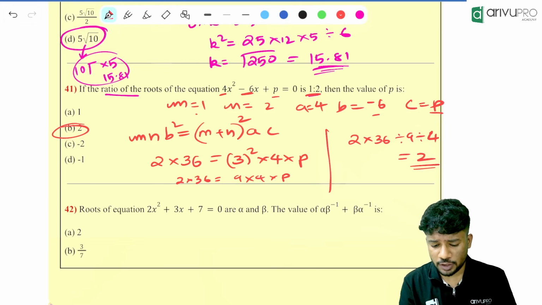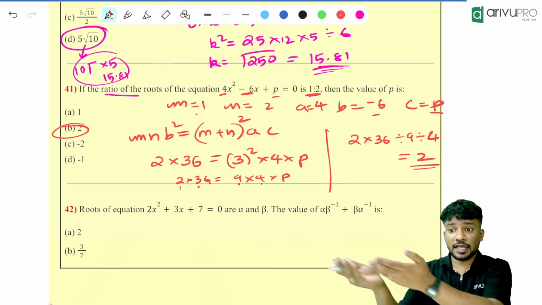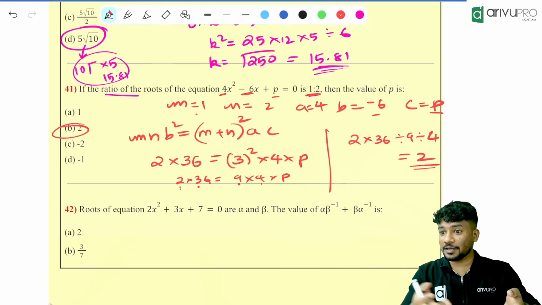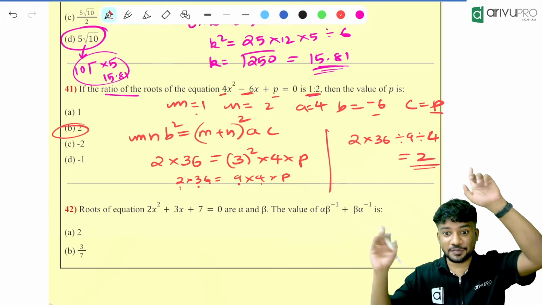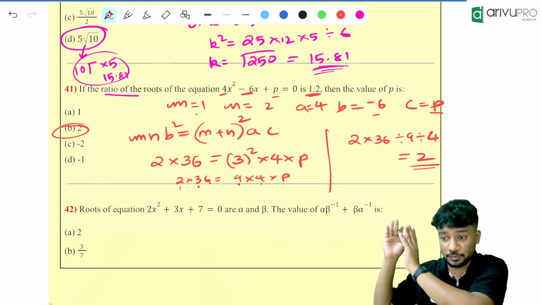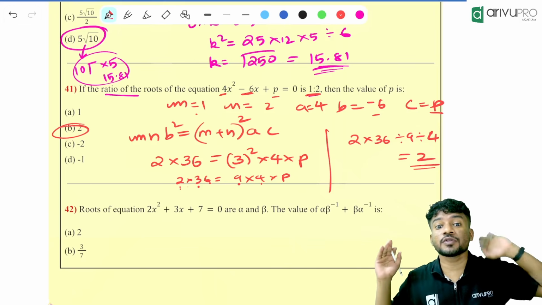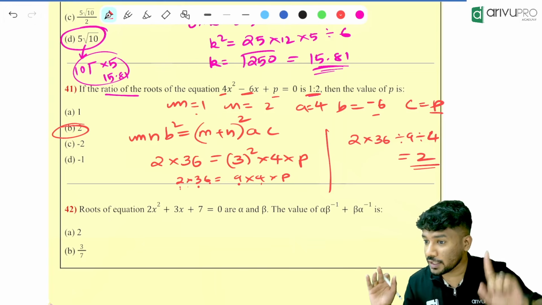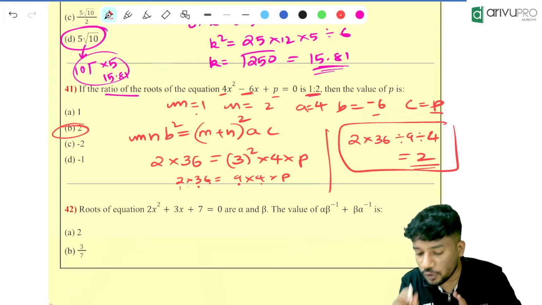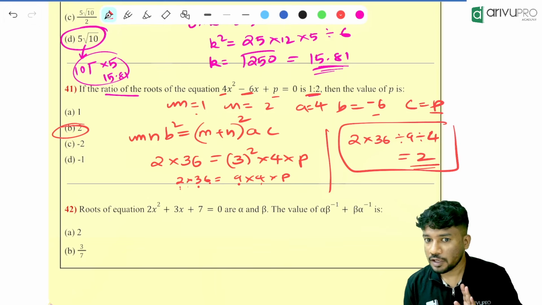No. I typed 2 into 36 on the calculator, then divided by 9 and by 4. Why? Because that 9 and 4 should come to the denominator. We already studied that: if something is there along with the p value, or whatever we need to find, we take it to the denominator of the other side. Using that logic, we got the answer. Okay, fine.